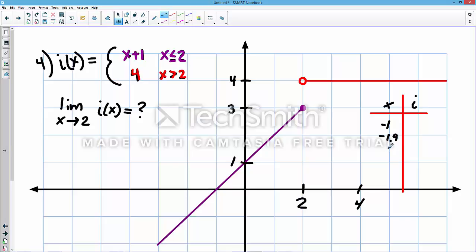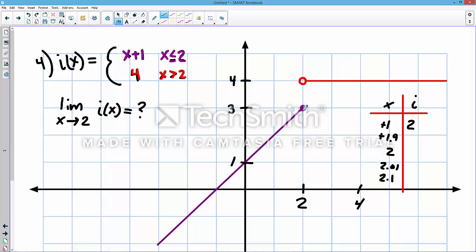We'll see what happens at 2, although we don't really care. And then we'll do 2.01 and 2.1. Okay, so at 1, we get 2.